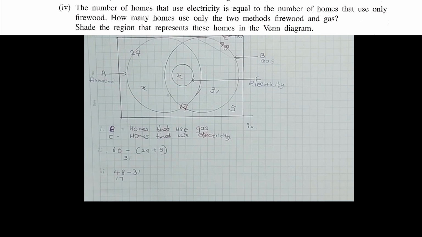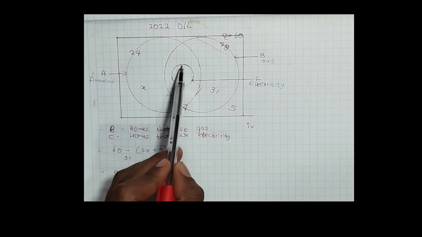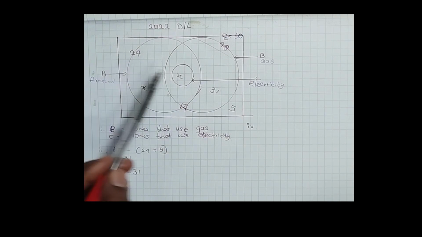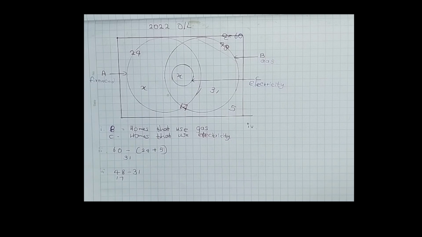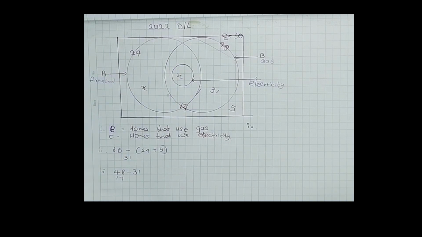Shade the region that represents these homes in the Venn diagram. Now they are asking only firewood and gas, only those two methods. It means it shouldn't be in the electricity. Now we know the value of this intersection of firewood and gas and also the value of using firewood. So when we subtract, we will get the value of X.